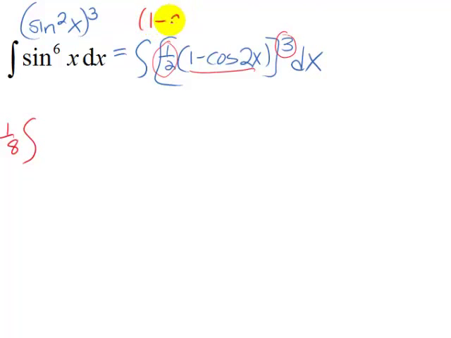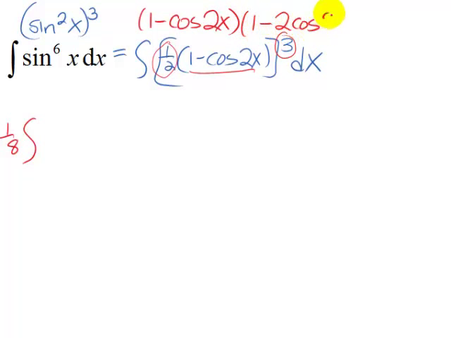So we have 1 minus cosine 2x, and if we multiplied 2 of those others together, we'd get 1 minus 2 cosine 2x plus cosine squared 2x. Now we need to make sure we multiply both terms here to the 3 terms here. Now, if we did the ones, we would get 1 here.